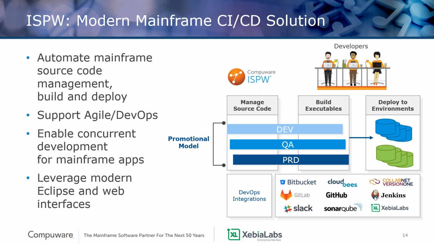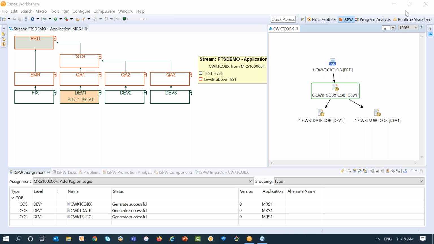It supports agile DevOps by enabling concurrent development for mainframe apps, and also uses webhook notification and REST APIs to help you build an automated pipeline, as we'll show today. It also leverages modern Eclipse and web interfaces. So let me show you ISPW.